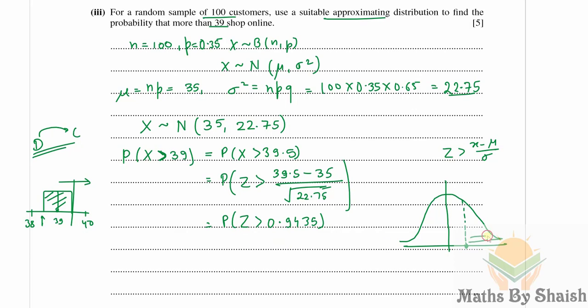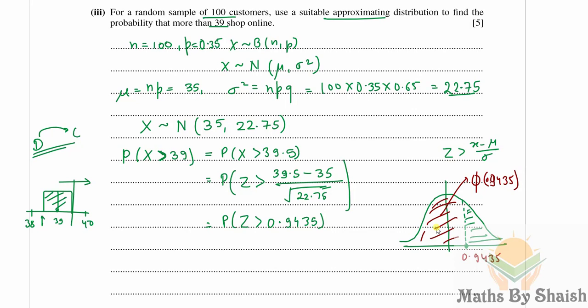So we need to get this area, and we know the less than area is represented by phi. So if we take this value, it is going to be phi of this value, and this is 0.9435 from the question.